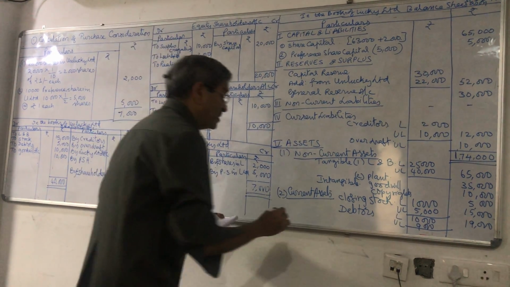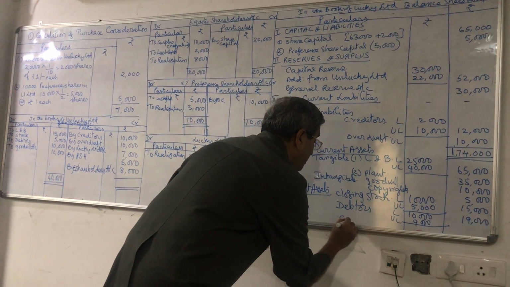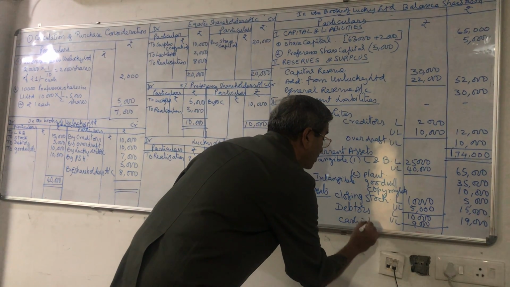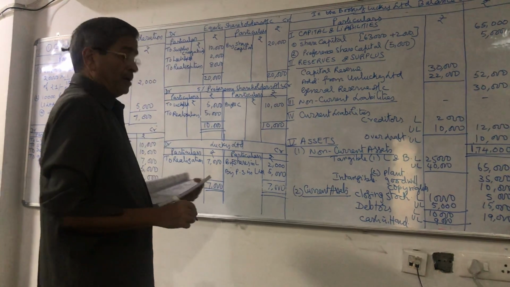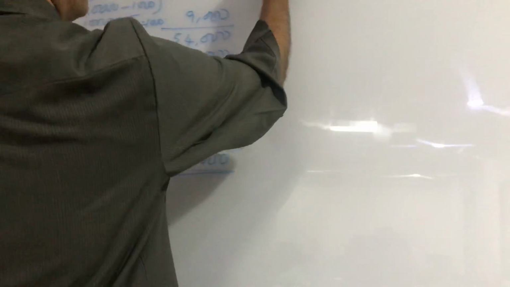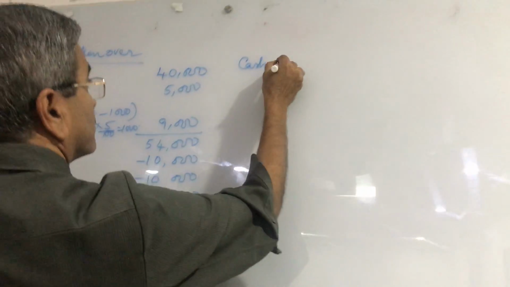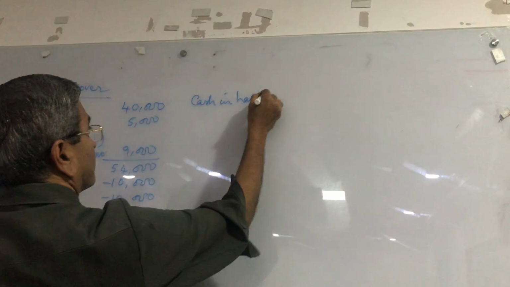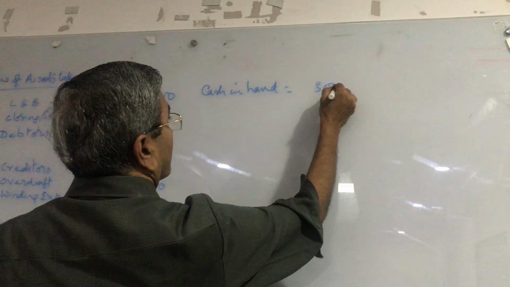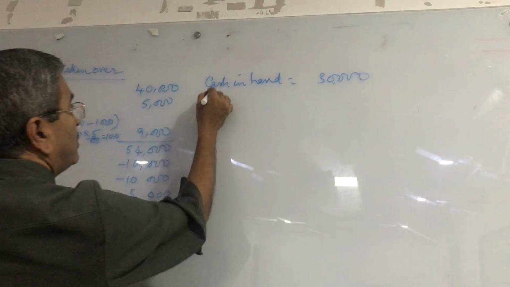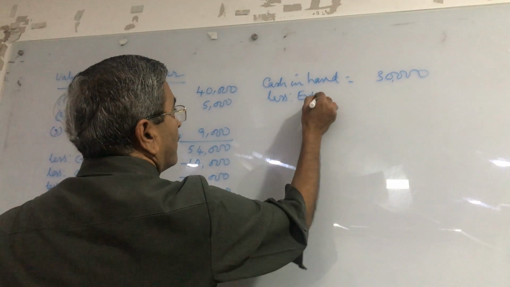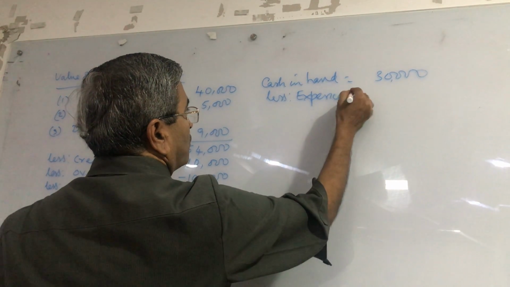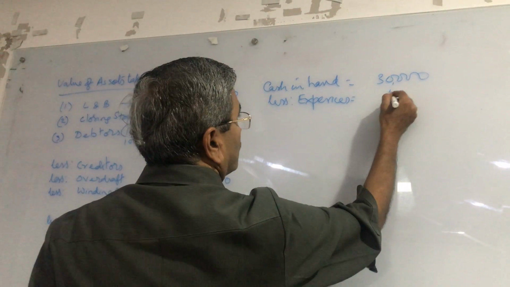Then the last item, cash in hand. Here you need to remember that cash in hand is 30,000. From this we will need to pay the liquidation expenses of the company, 5,000.